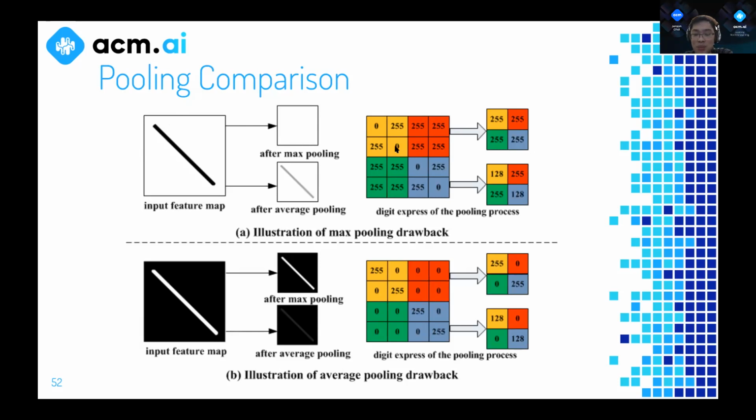If we do max pooling, the maximum is 255. If the feature map has mostly high activation, with max pooling you're going to lose some information about features of lower activations. Whereas if you do average pooling and take the average of these 4 values, you'll end up with 128. So after average pooling you get a diluted version of your feature, whereas for max pooling, you just completely lose the feature.